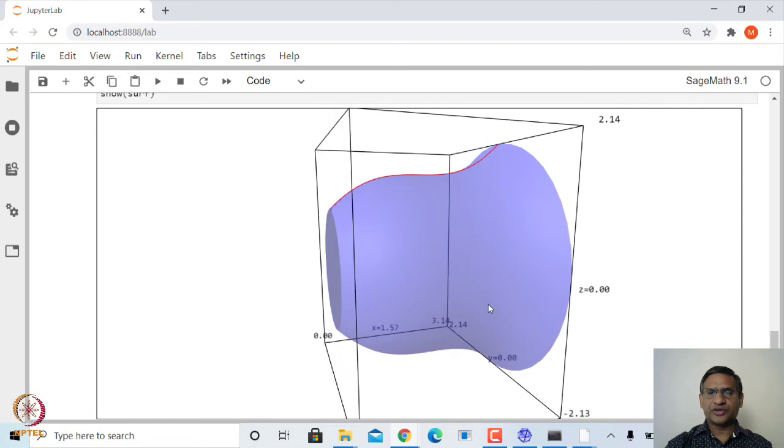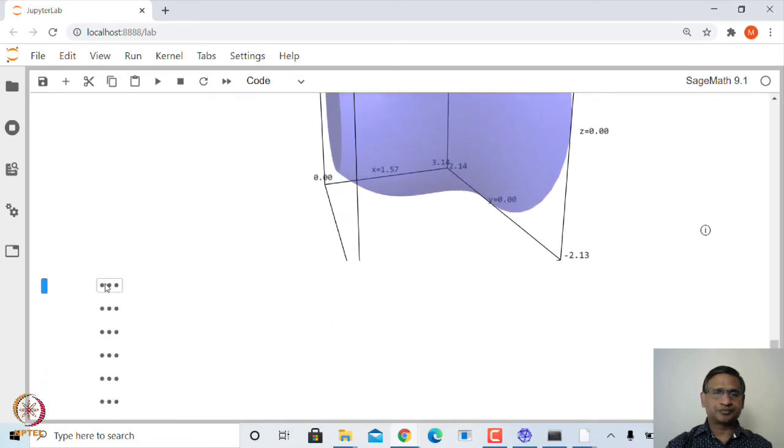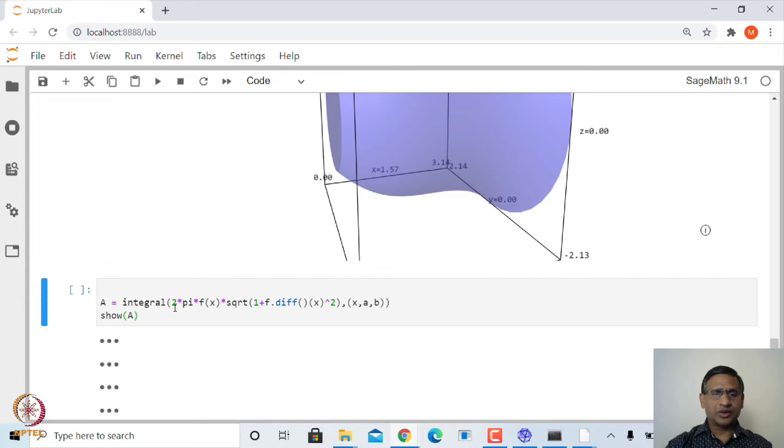This is the surface, whose surface area will be given by the integral from a to b. A and b here are mentioned already, 2 pi f(x) into square root of 1 plus f dash x the whole square from a to b, and this integral, that is the surface area, turns out to be this value.